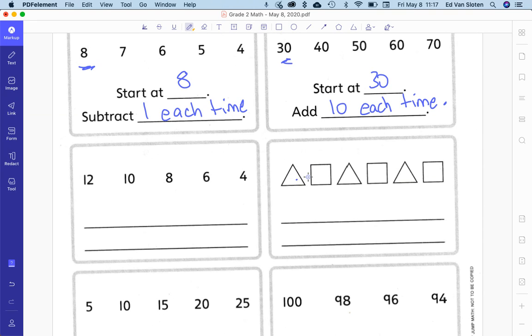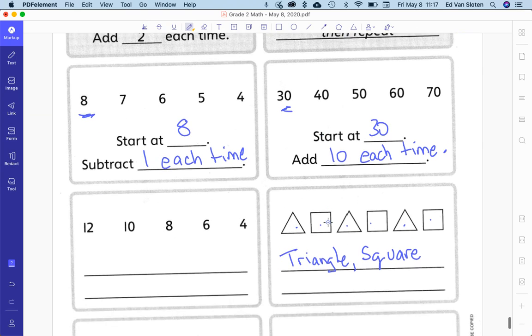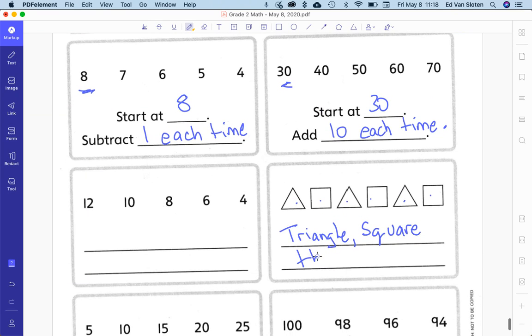Ooh, triangle, square, triangle, square, triangle, square. So I'm going to try it. Triangle, square, and I think it's then repeat. I'm going to double check though. Woohoo! Then repeat.